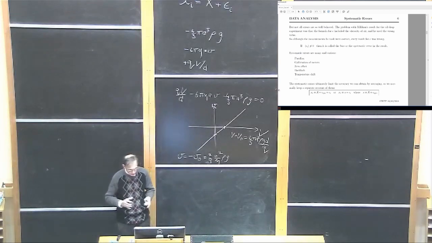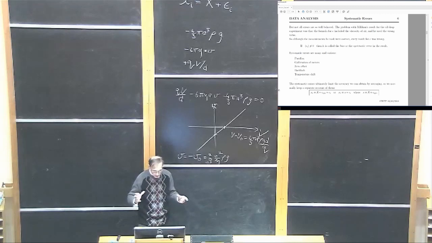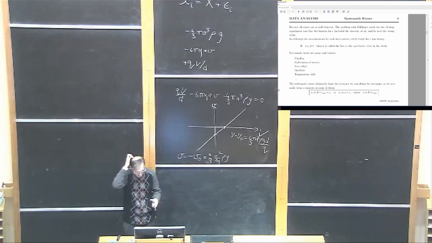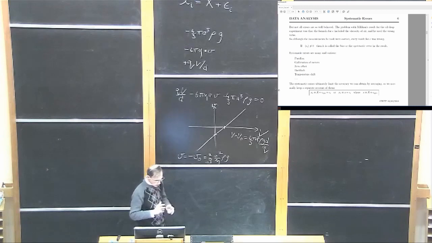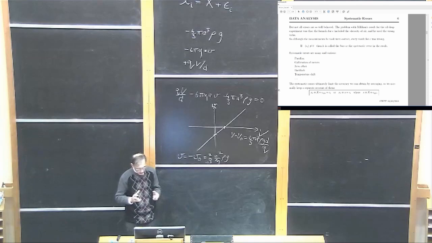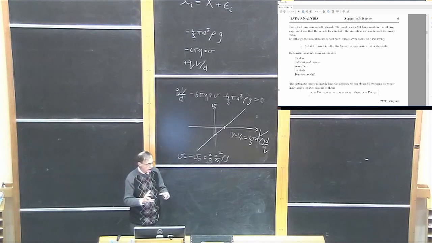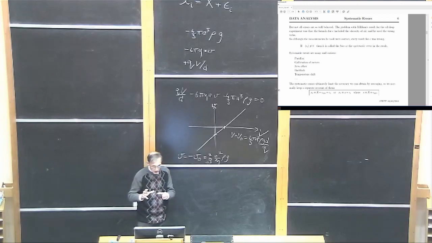It's potentially something that's much bigger than the experiment itself. It's something that's actually unknown. Now, what we're going to go on to talk about is how to analyze the statistical part of the error. We're going to give much less attention to the systematic part of the error.